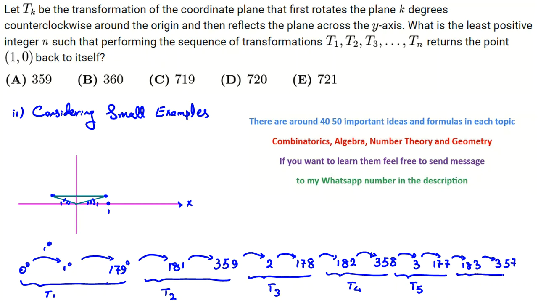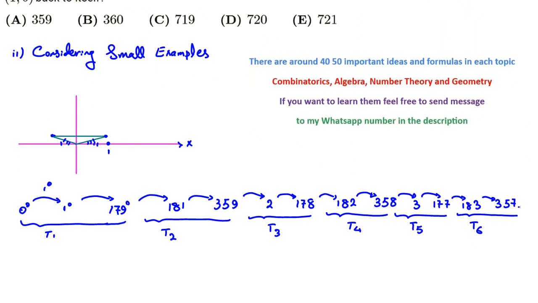Okay. Now you can find the pattern. We have some types of numbers. If we consider the pink numbers, you see 1, 2, 3 in the middle part of each T. Now let's consider the green ones: 179, 178, 177.